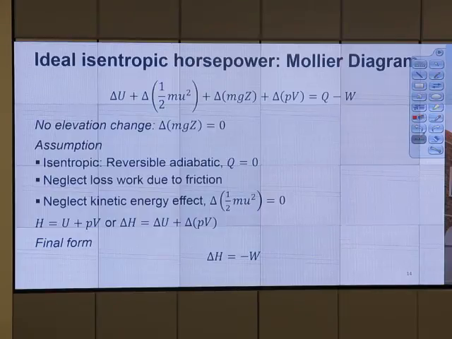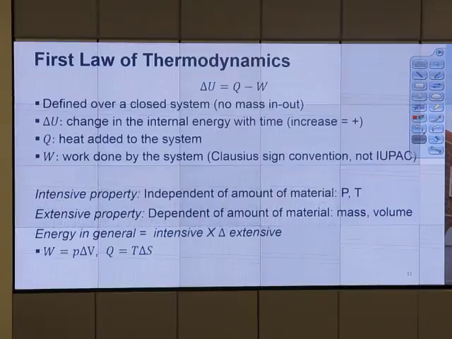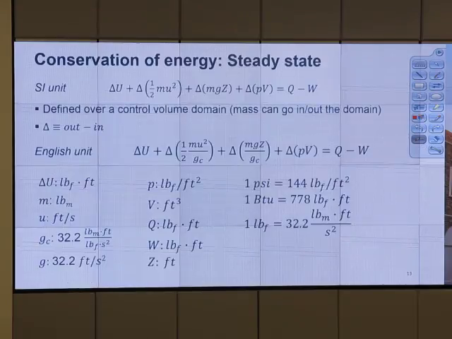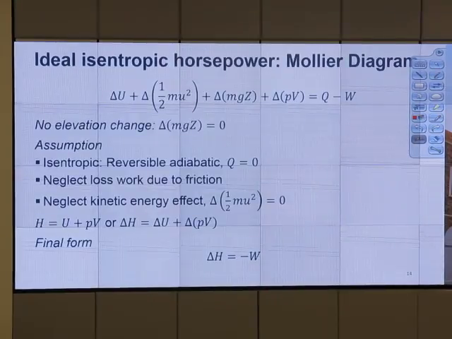You have learned earlier that we can get the reversible adiabatic line. That is the ideal case. For a real case, you have to do more work.